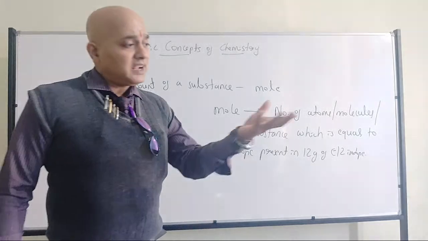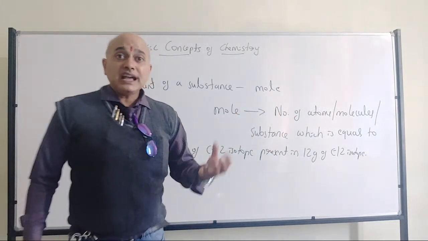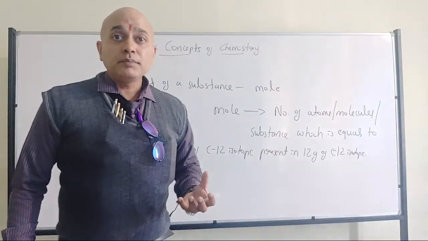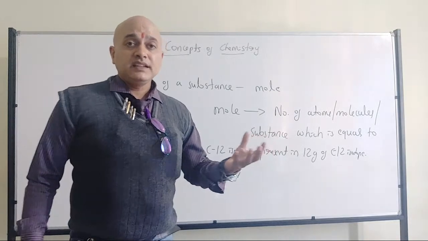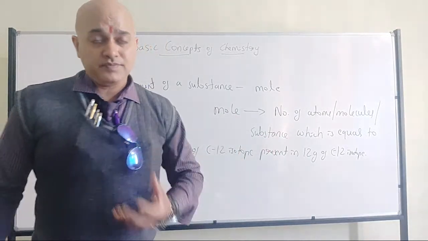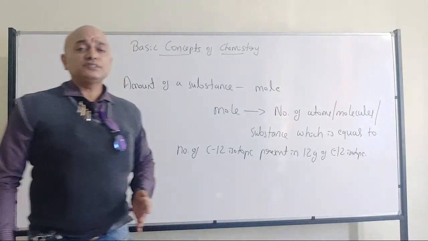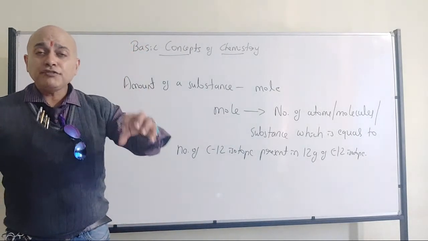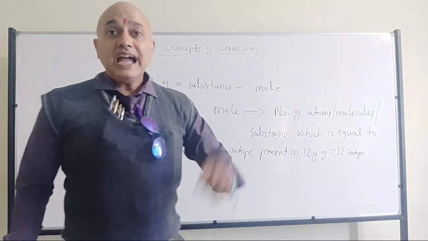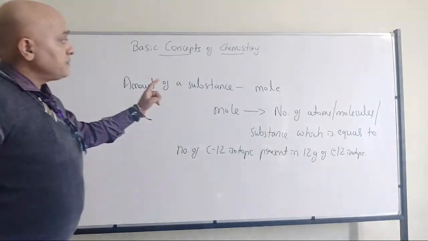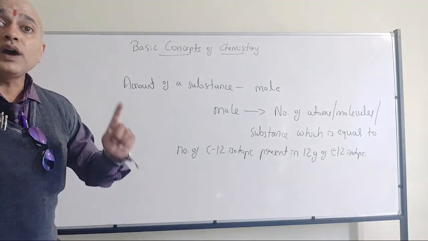Same way, if I take carbon 12 isotope and weigh it as 12 gram, because 1 carbon 12 atom will weigh very little, so I am taking 12 gram of carbon 12 isotope. That 12 gram should have some number. That number is nothing but 1 mole.